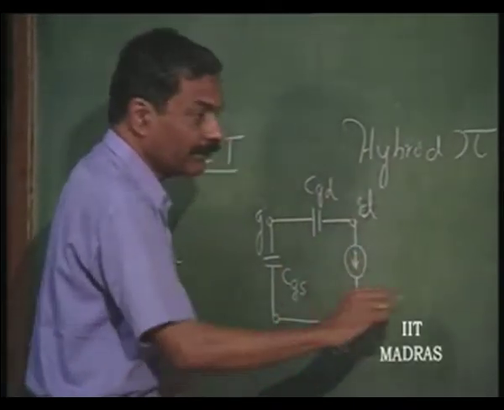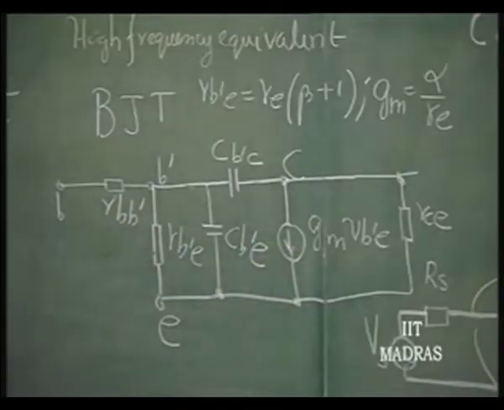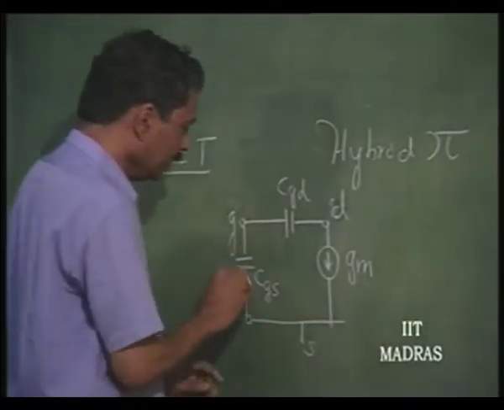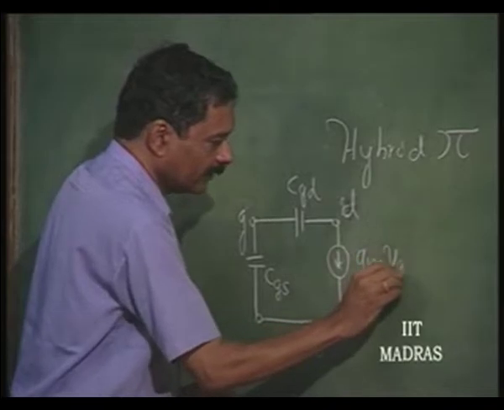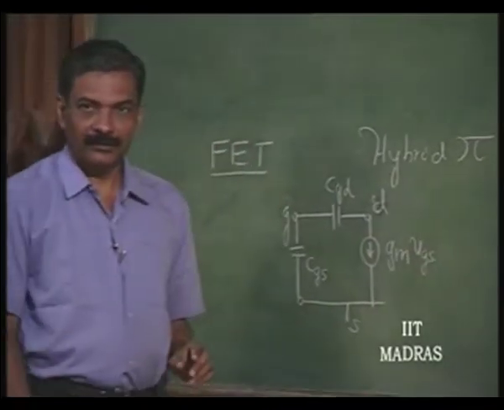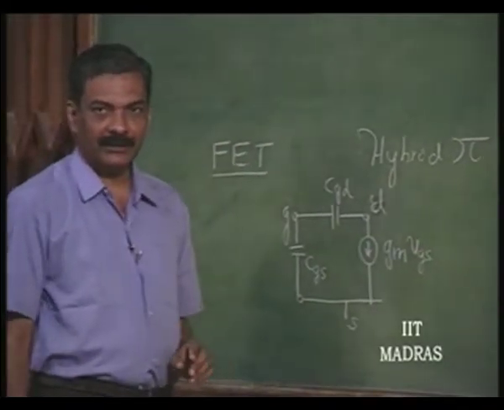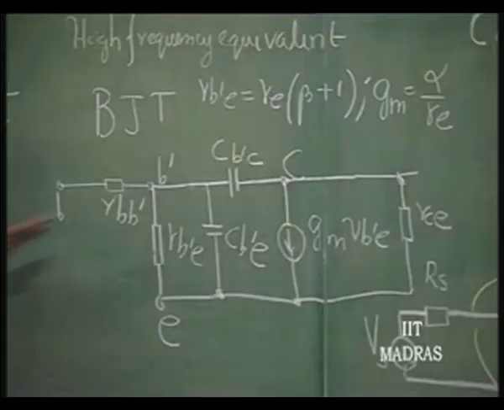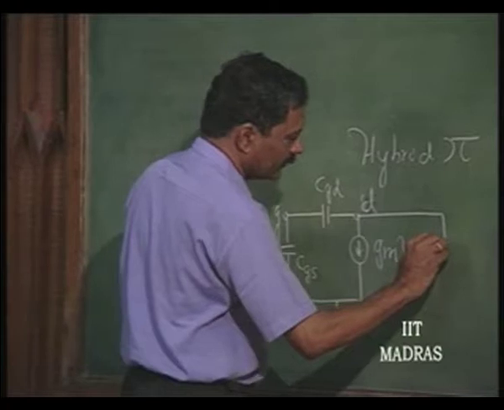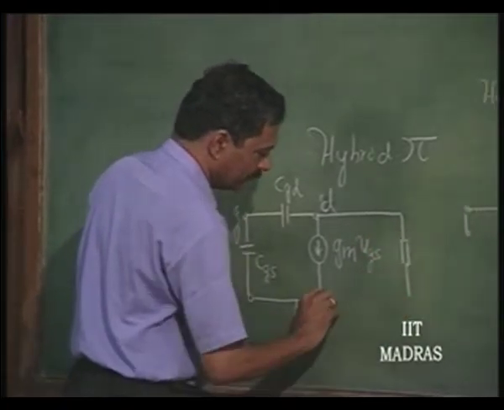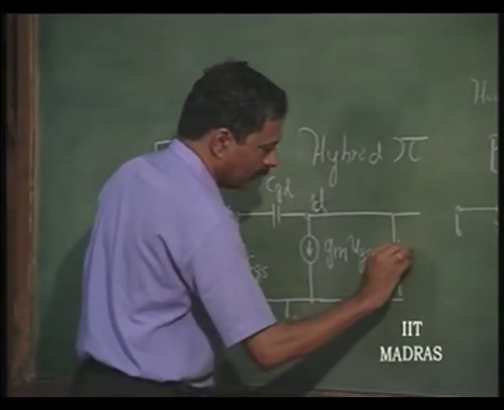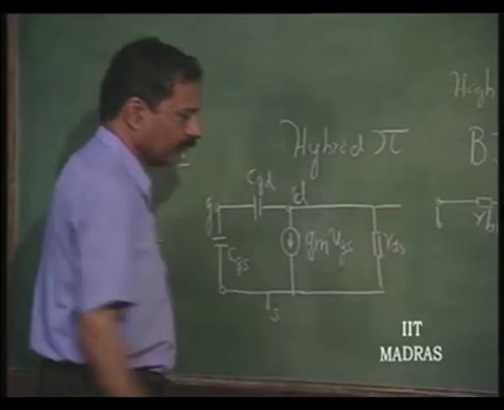Then we have the same thing GM into, in this case, VGS, the low frequency equivalent circuit that we had discussed earlier. So, exactly same as that, and then across that we have RDS.